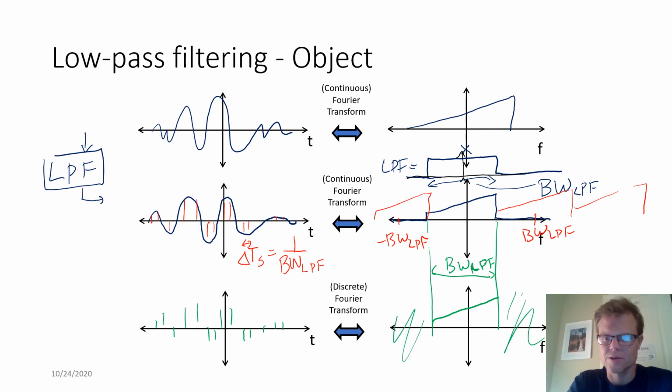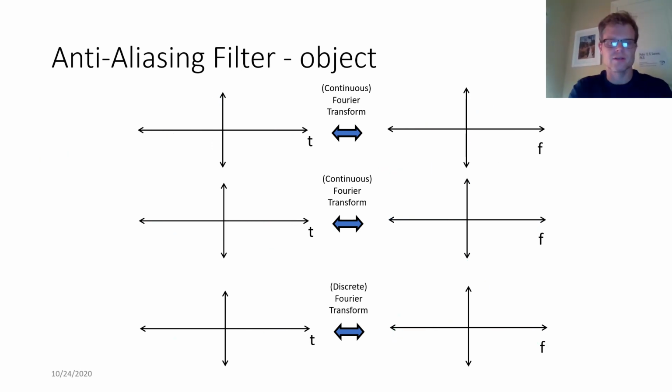Again, the discrete Fourier transform is not defined outside of this region because it's just repetitions. And the other term for this is an anti-aliasing filter.